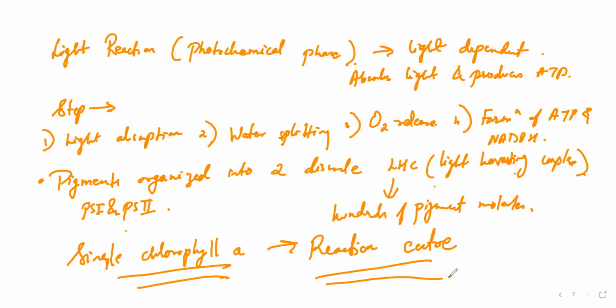Now, basically, there is something which is called photophosphorylation. That we are going to see, the first one. So before that, let's go to the electron transport system. What is this electron transport system? Already we know that the reaction center is present, right?